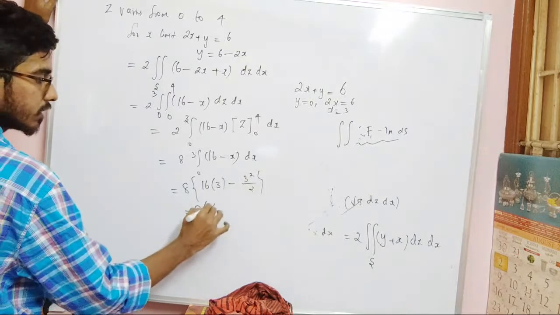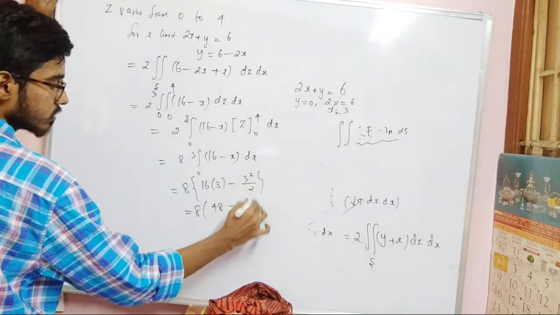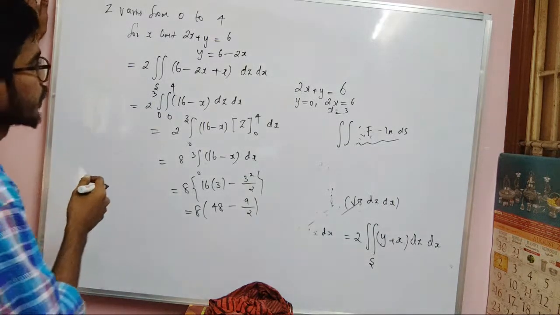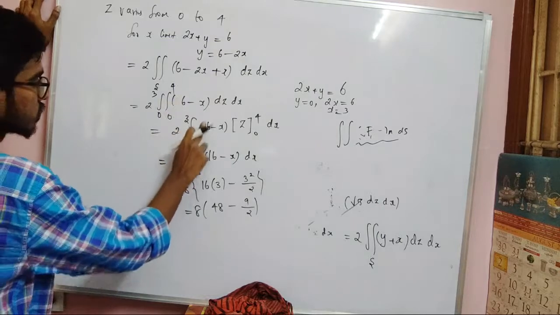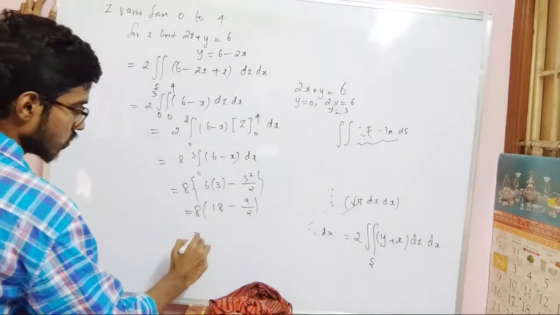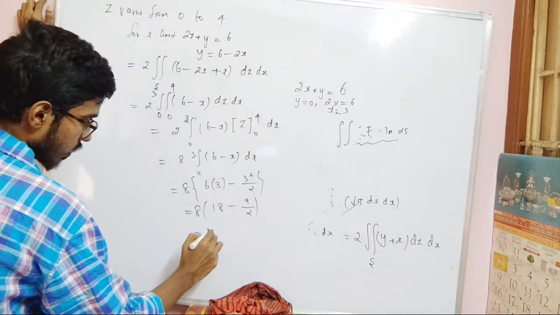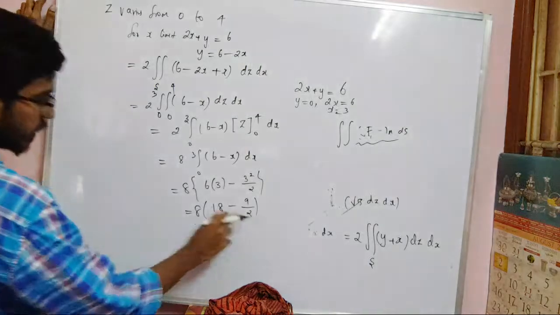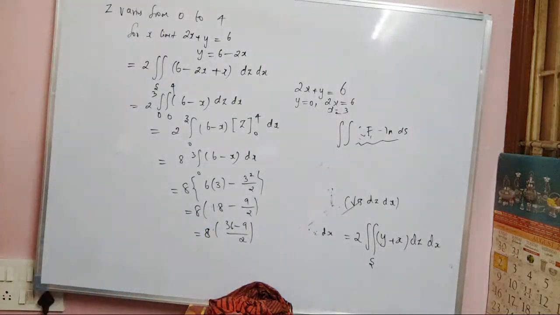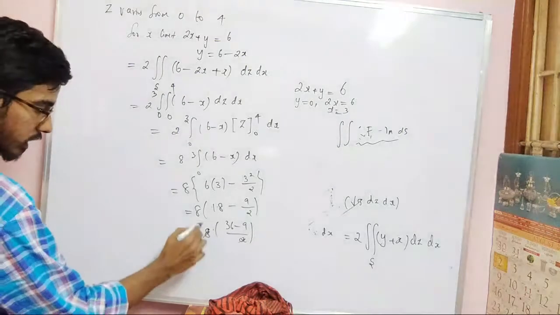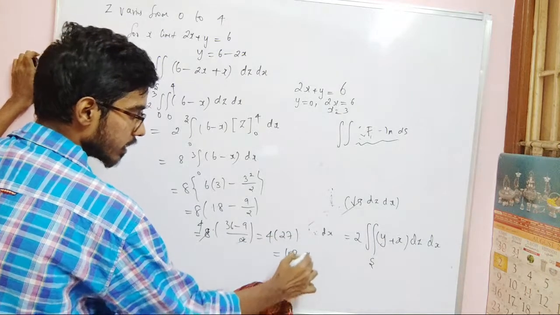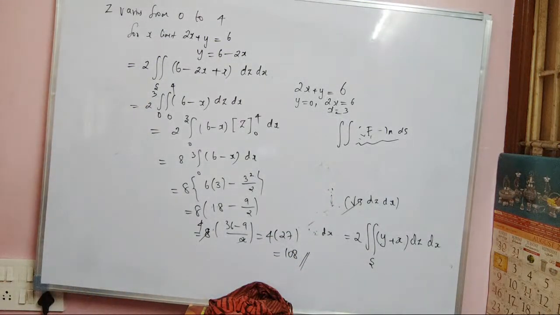This will be 8 into 48 minus 9 by 2, which is 8 into 96 minus 9 by 2, so that gives 8 into 87 by 2, so 4 into 27, which is 108. So 108 is the required answer.